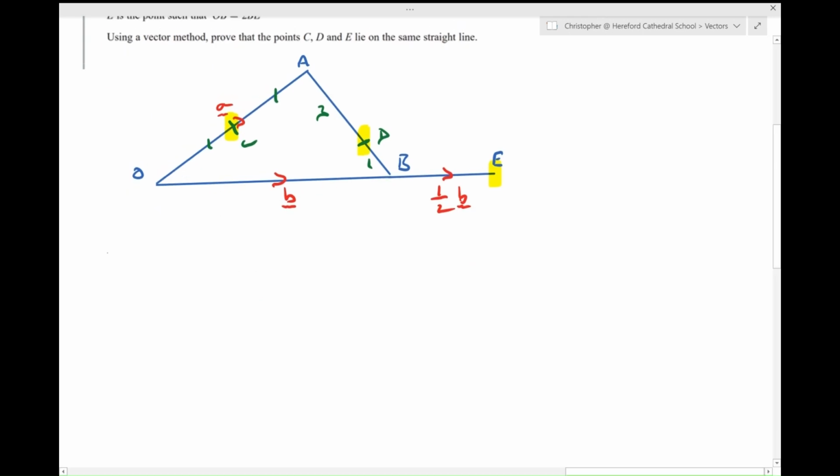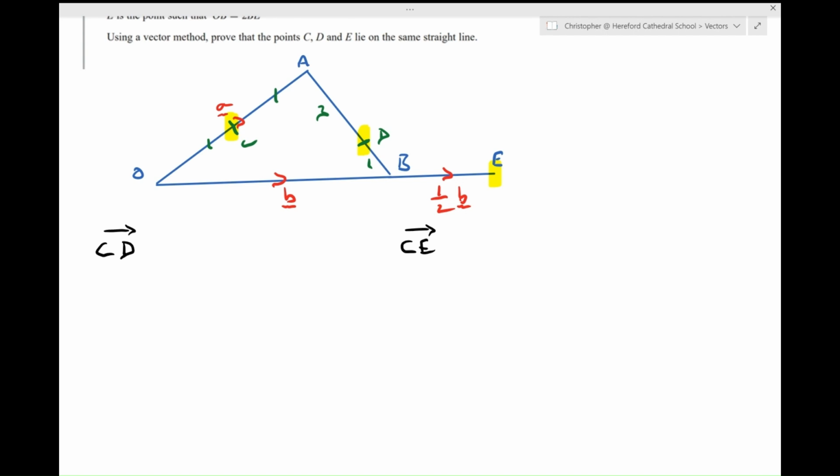Well, I'm going to look at the vector CD and the vector CE. If C, D, and E are on a straight line, then CD will be a certain fraction of CE, or CE will be a multiple of CD. So let's have a look at that.